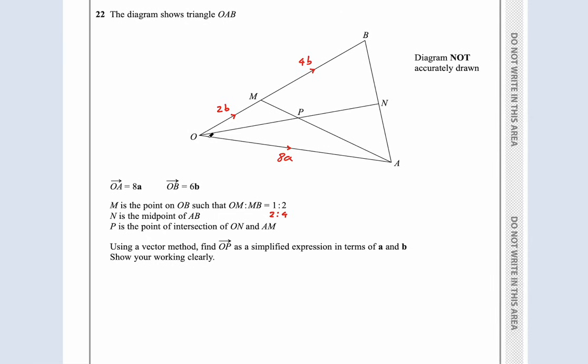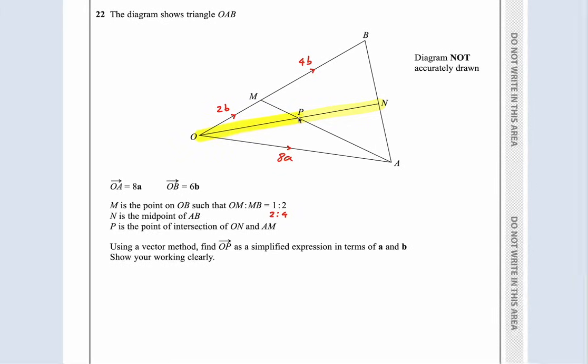So we're going to get from O to P, and we're going to get there in 2 different ways. The first way is I'm going to go straight across. It's going to be some fraction of ON. So there's ON, but I'm only going to get that much.